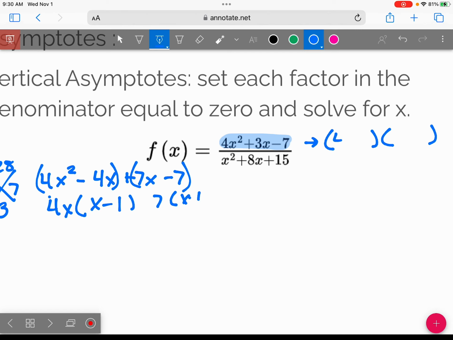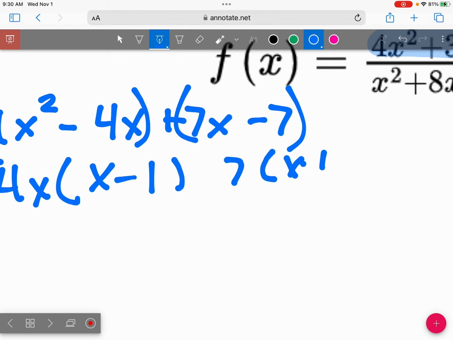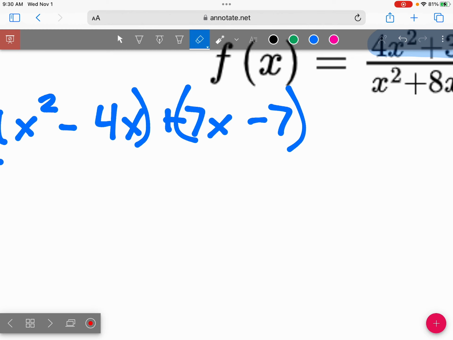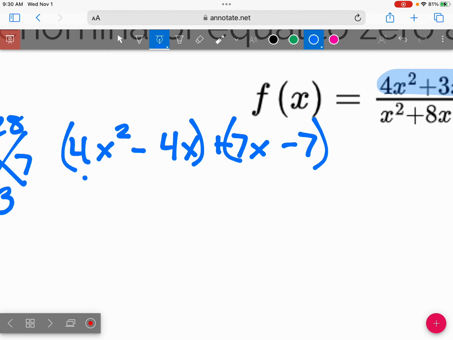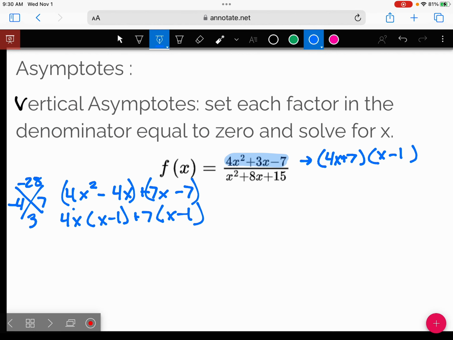So our factors are 4x plus 7 and x minus 1. I'm going to rewrite that just because that was horrible. There we go. Way less awful. So then let's factor our denominator.